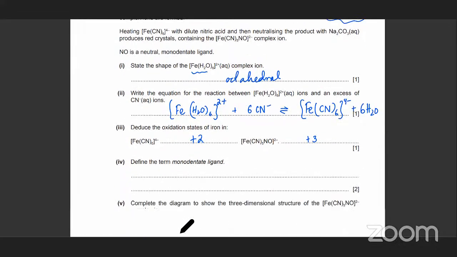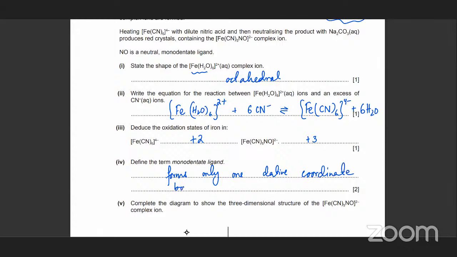A monodentate ligand is one that forms only one dative coordinate bond with a central metal cation in a metal complex.